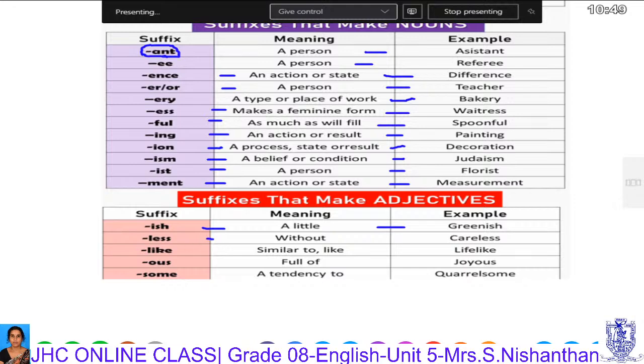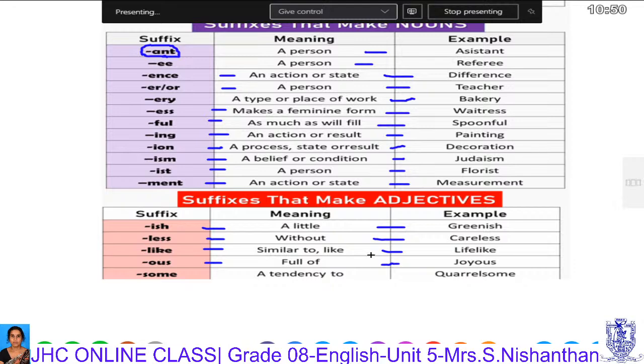And less means without. There is nothing. Careless, helpless, right? Colorless, that is missing there. We only use less. Like means similar to, right? Similar to, like. And OUS also full of. Joyous means almost like joyful, right?